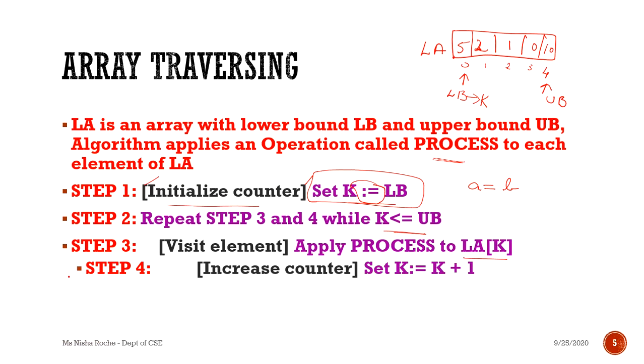So as long as the value of k is less than or equal to the upper bound value, we have to apply some process to each element of the array and keep incrementing the value of k. When the value of k becomes greater than the upper bound value, that is when the k value becomes 5, which is greater than the upper bound value 4, then the algorithm terminates. So step 5, exit.